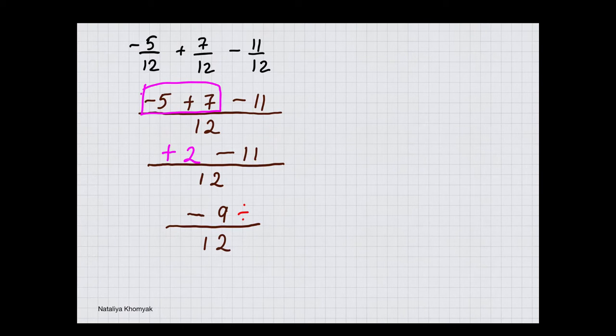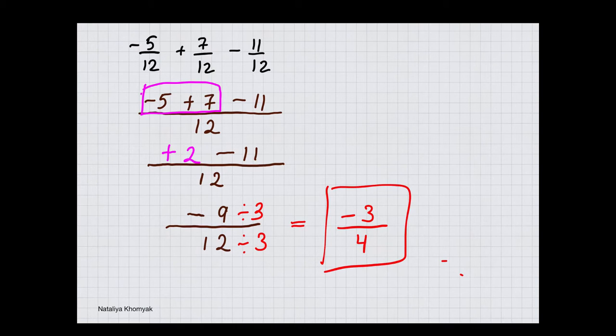We know that both 9 and 12 can be divided by 3 evenly, so let's divide by 3. Negative 9 divided by 3 will give us negative 3. Positive 12 divided by 3 will give us positive 4.